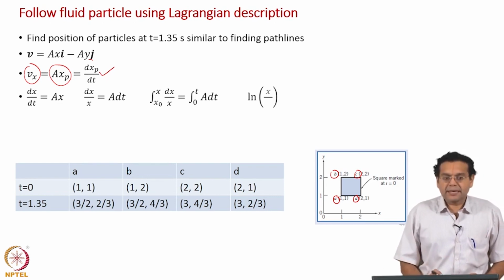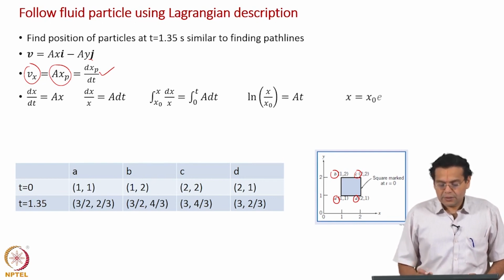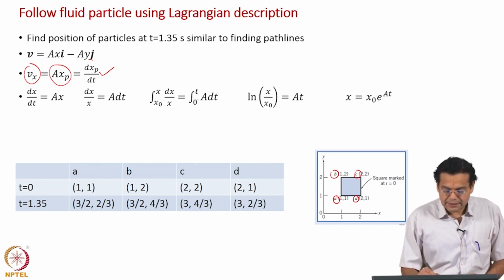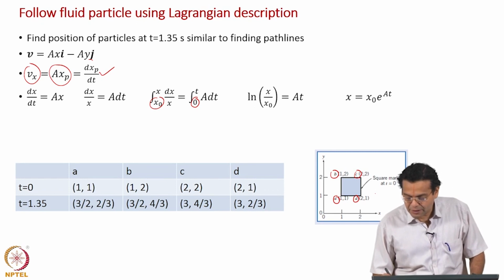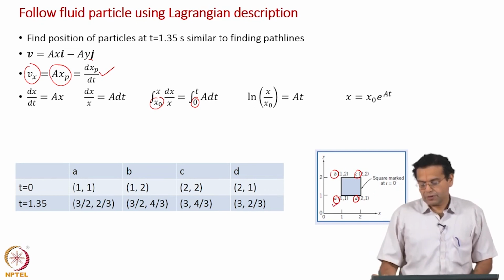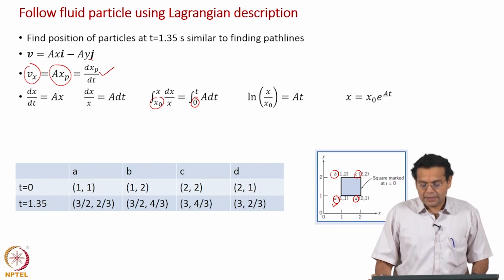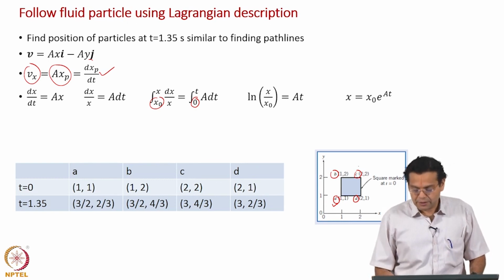We just have to integrate this, do variable separation, integrate, and what are the initial conditions? At time t equal to 0, x is x naught. x naught is based on the particle we take. If we take particle A, then x naught is 1. If we take particle C, x naught is 2.